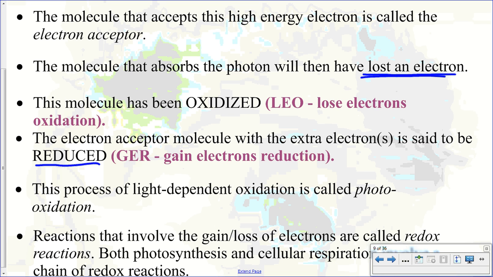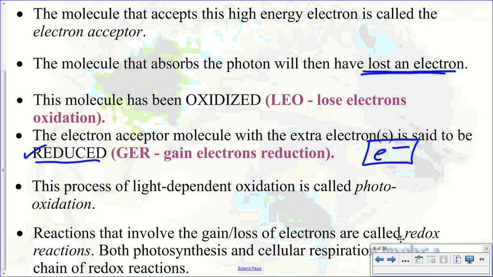So kind of think about this as electrons having a negative charge. If you gain more electrons, the charge actually becomes more negative. So what you have done is you have reduced the charge. So that's how you can gain something, and it's still referred to as reduction. So in the case of plants, because this is all driven by light, it is referred to as photooxidation.